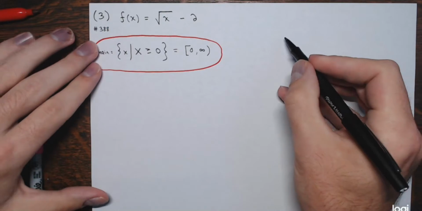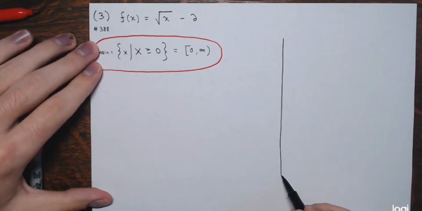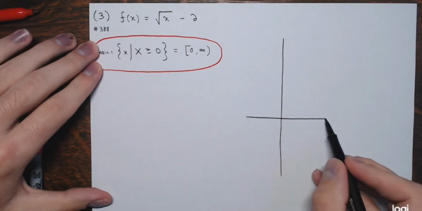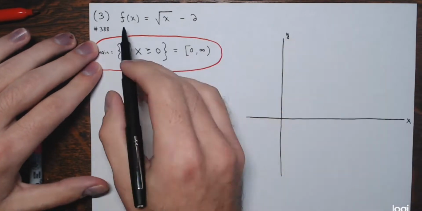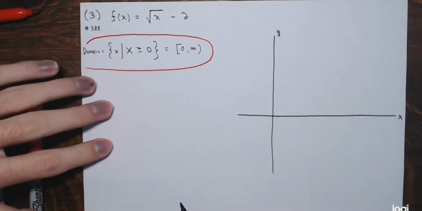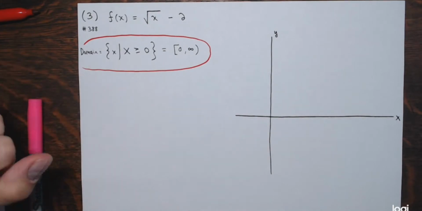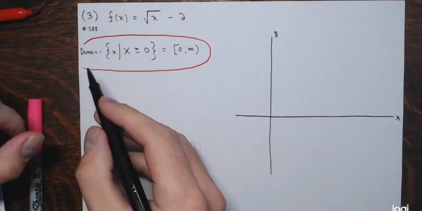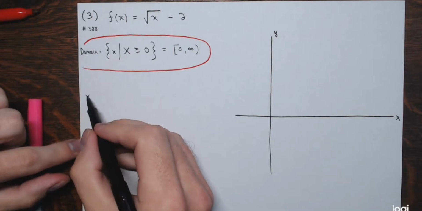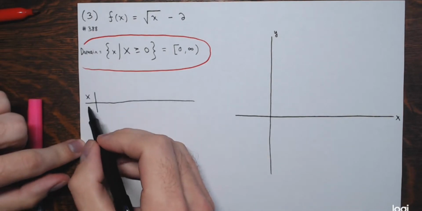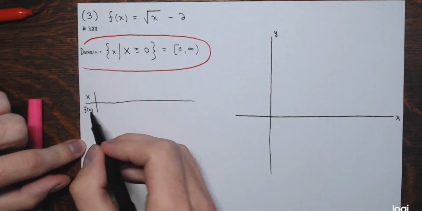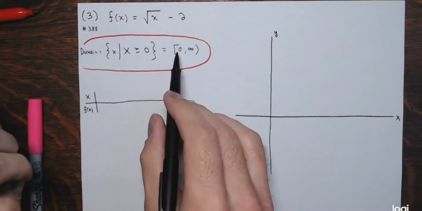Then we're going to make a graph, right, and again I'm going to do just a rough hand sketch over here. X-axis horizontal, the y-axis, or you could call it f of x, the f-axis being the vertical axis. And I'm going to make a table, right, with inputs and outputs and plot these ordered pairs. So x and f of x, or x and y, whatever you want. Now I have to start it at 0, right?